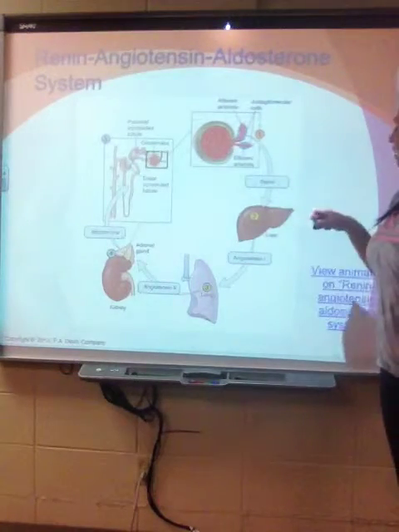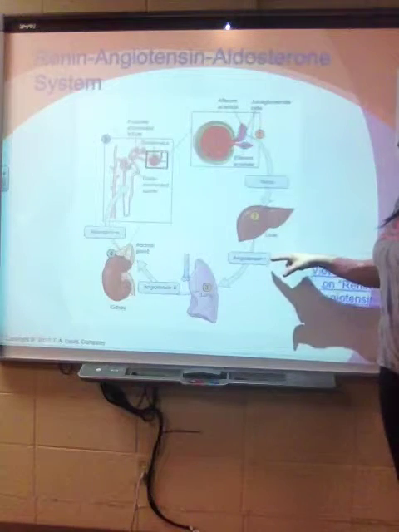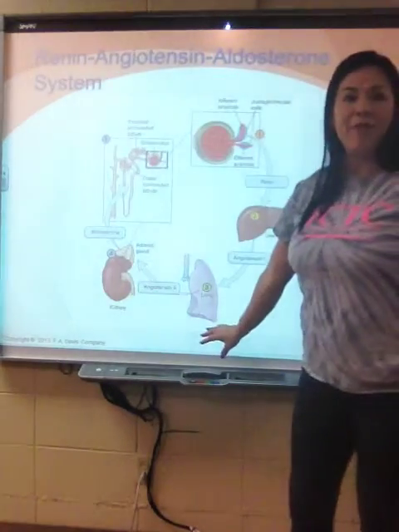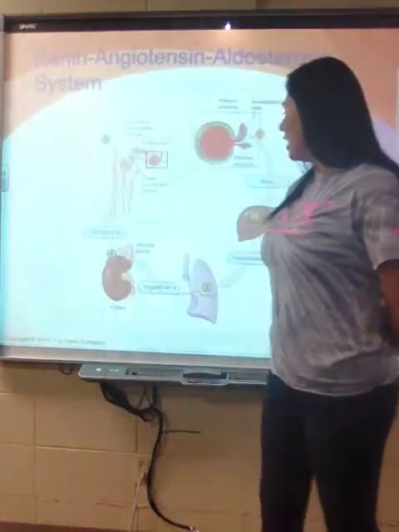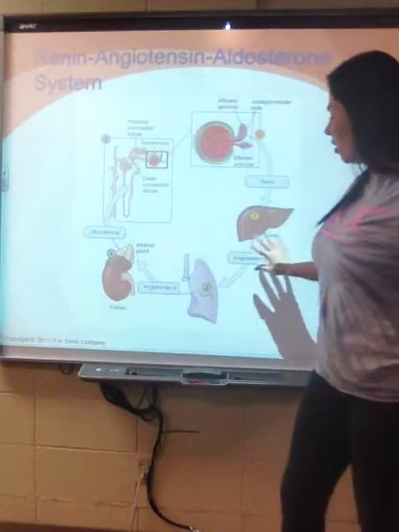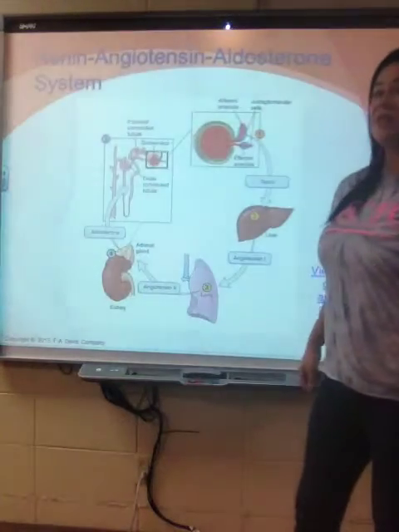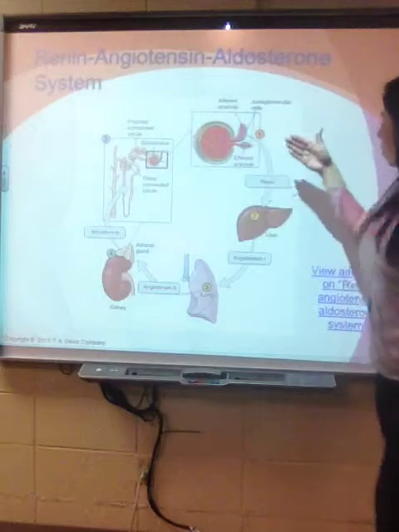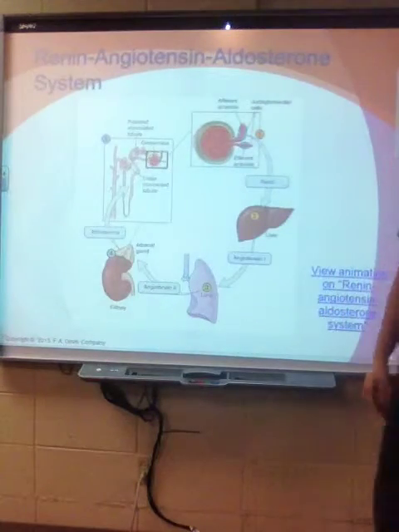So renin goes to the liver, it triggers it to produce some angiotensin 1. In your lungs, you have that converted to angiotensin 2, which then finally, all of this is just to tell the adrenal gland that sits on top of the kidney, hey, why don't you release some hormone, help us out. We have to go through all of this just to say, hey, we got low blood pressure, can you release some aldosterone?